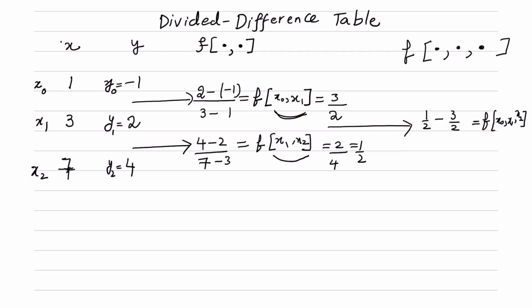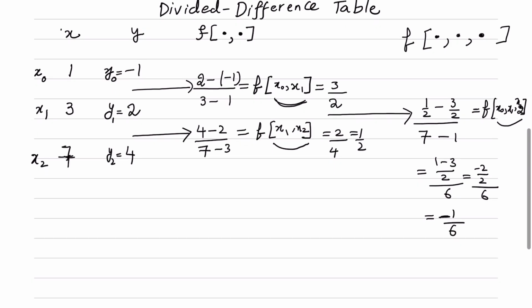So you calculate the difference between these two values: 1 by 2 minus 3 by 2 divided by, look at this notation, last x minus first x. Last x is x2 and first x is x0. x2 is 7, x0 is 1. Let's simplify this term. You take an LCM: 1 minus 3 by 2 over 6. So you have minus 2 by 2 over 6, which is minus 1 by 6.